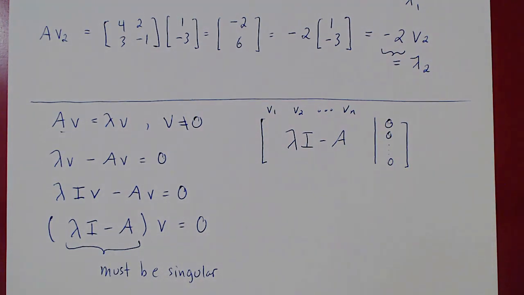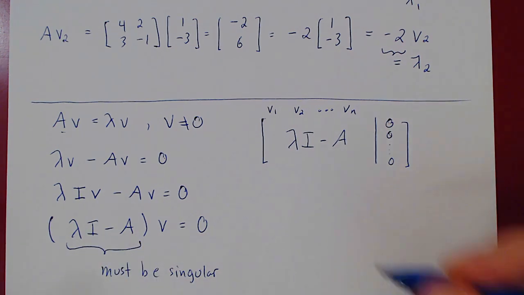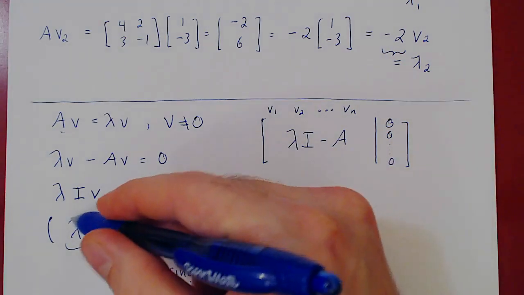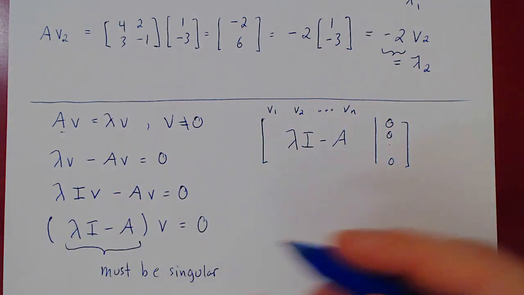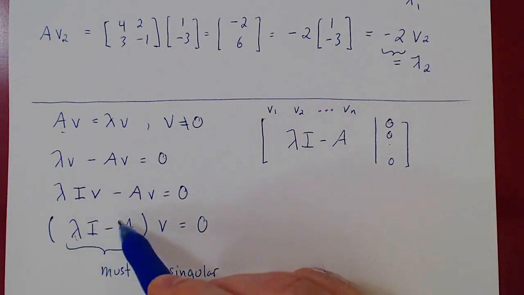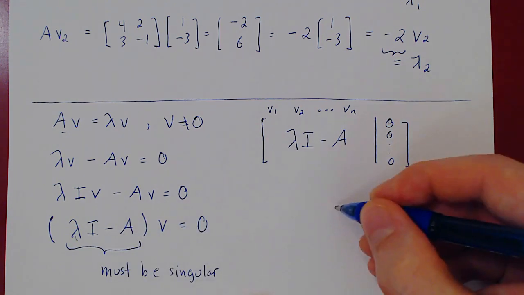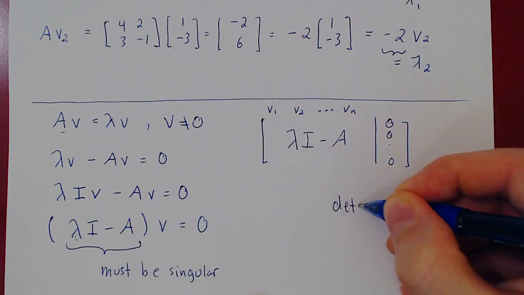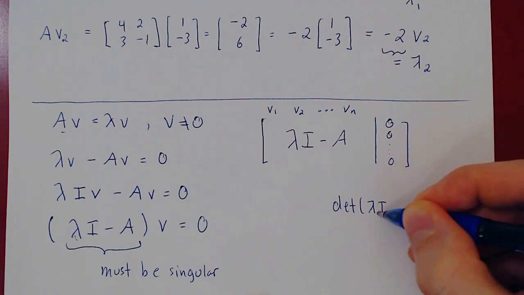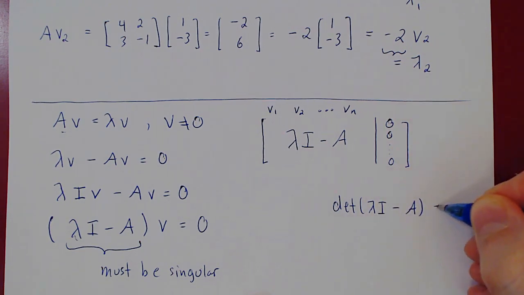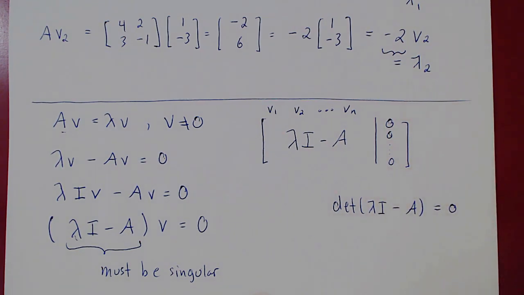Now think of the determinant. A matrix is invertible if and only if its determinant is not zero. So this matrix will be singular if and only if its determinant is equal to zero. To have an eigenvalue for the matrix A, the matrix lambda I minus A must be singular, therefore its determinant has to be equal to zero.